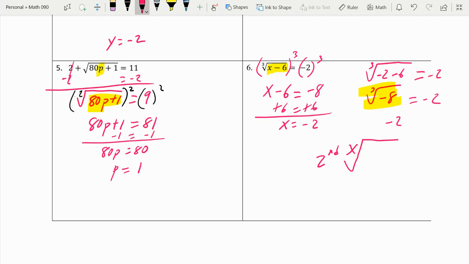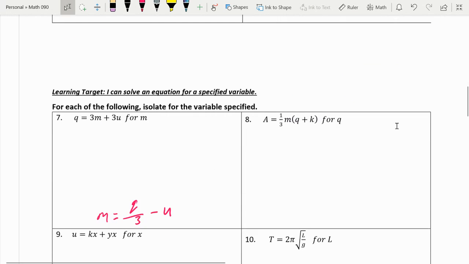Since I have a 3 sitting up there, I have to put the 3 out in front. So then you hit the second, and then you find that square root button with the X in it, and then type in negative 8. And when you hit it, it should give you negative 2. So just a quick reminder on your calculator.